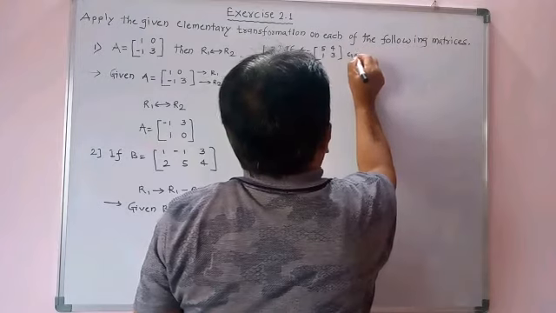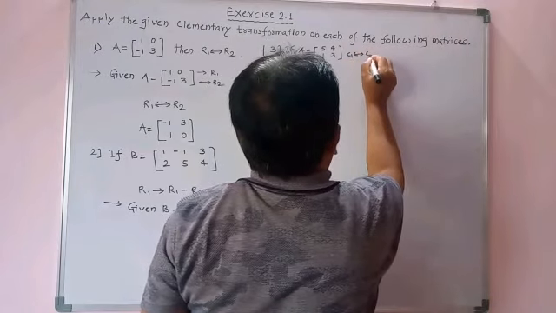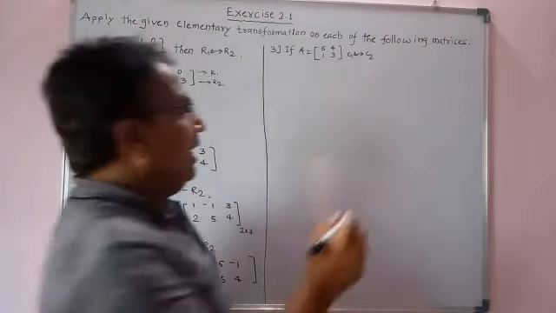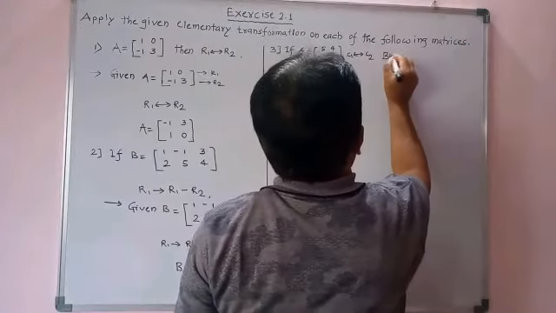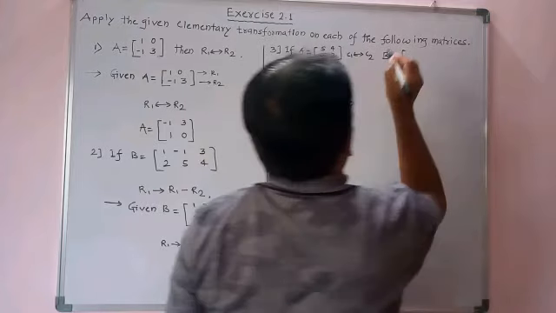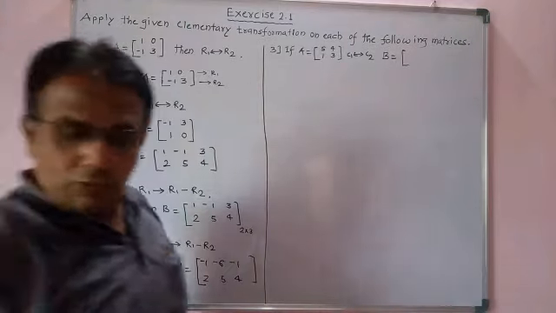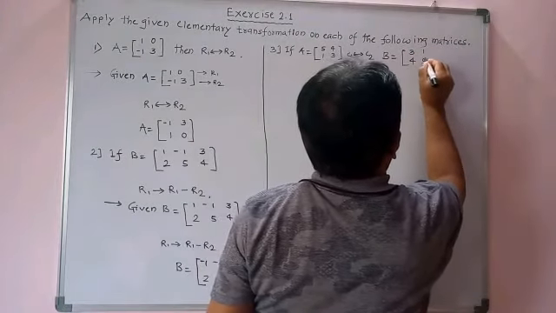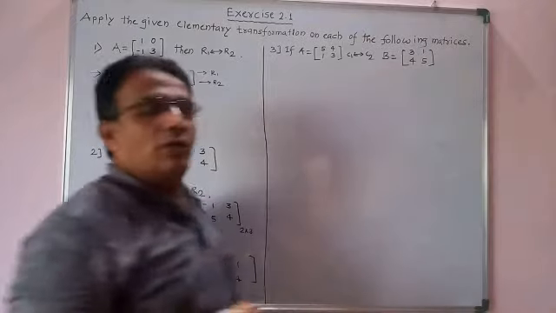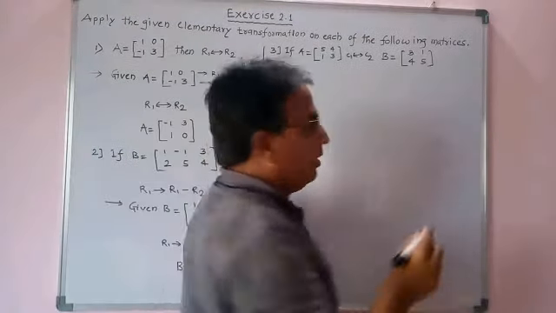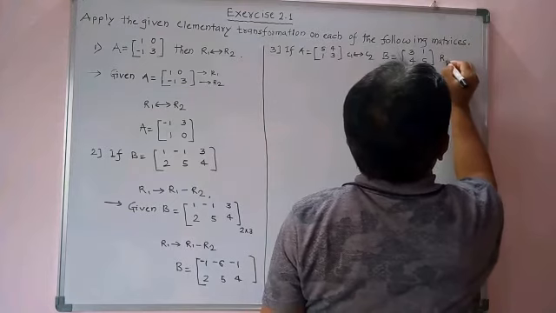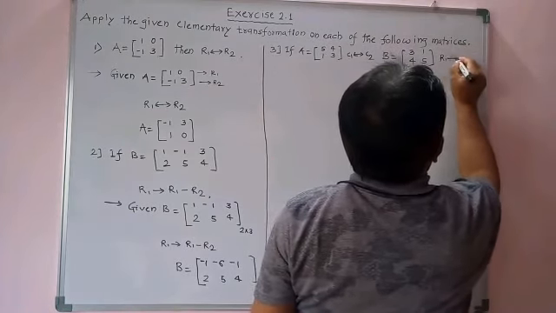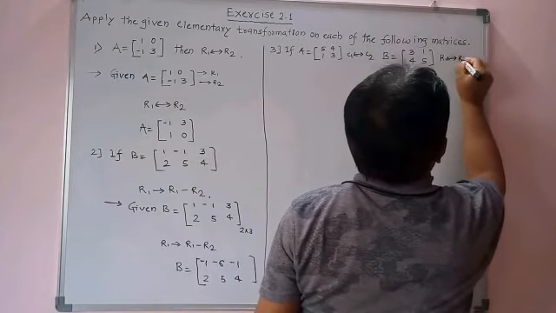Find C1 interchange C2. And matrix B is [3, 1; 4, 5]. Then find R1 interchange R2.